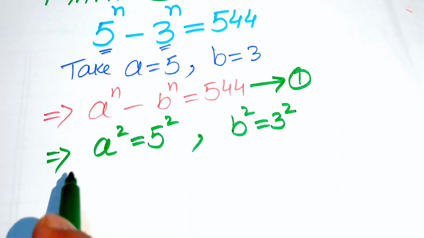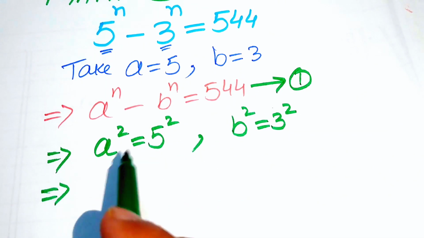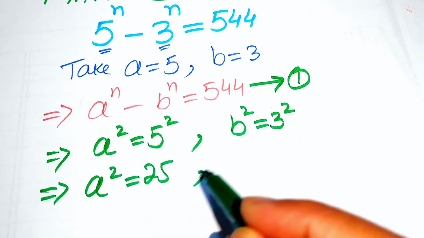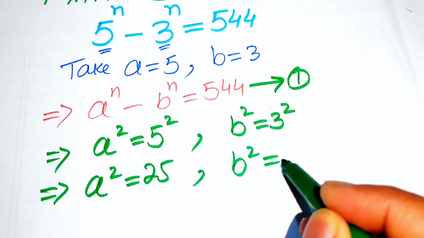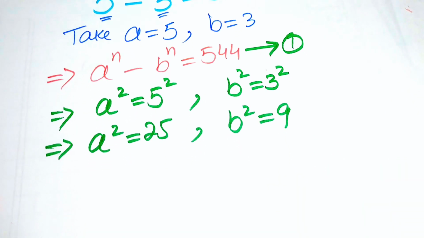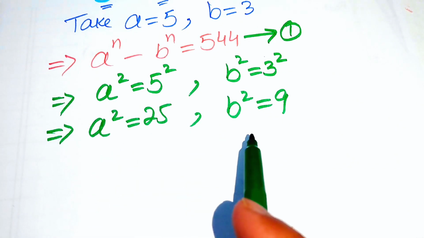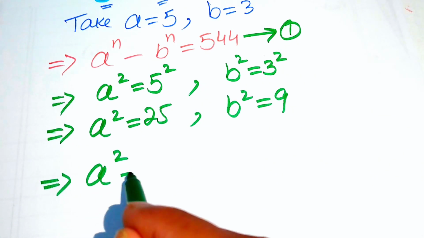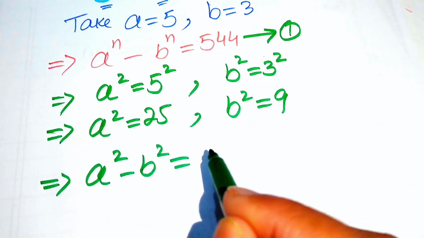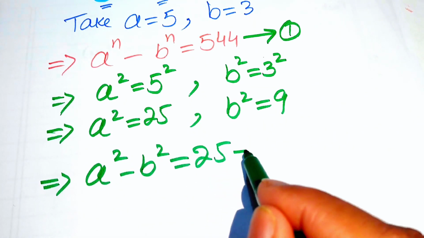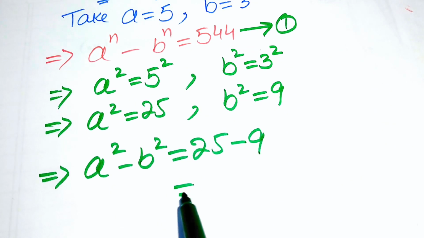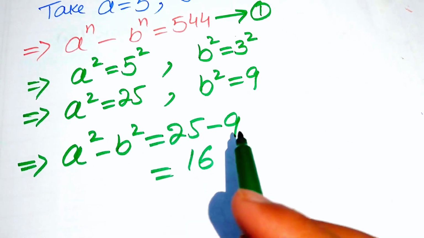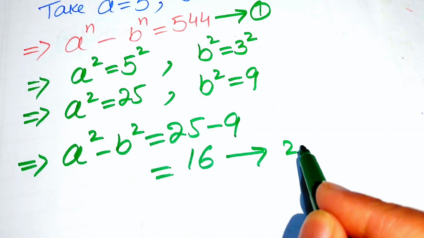When we simplify, we get a square equals 25 and b square equals 9. When we subtract these two values, a square minus b square equals 25 minus 9, which is 16. We call this equation number 2.